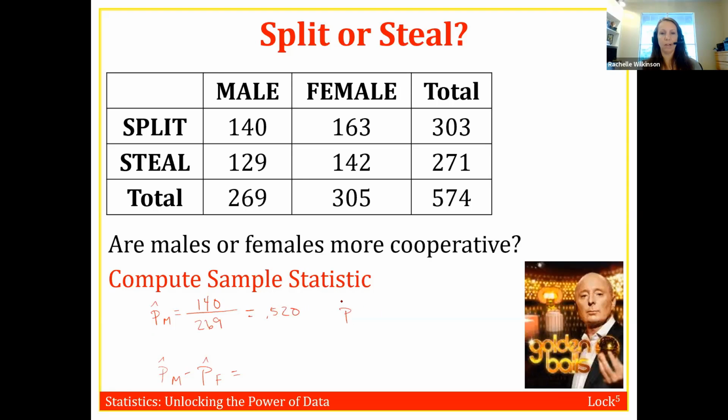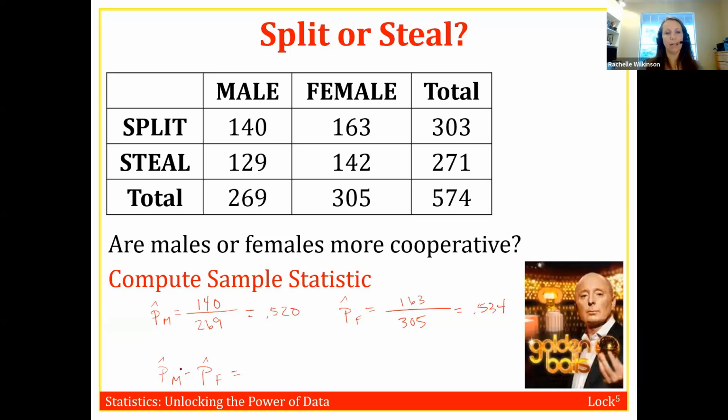All right, then I'm going to figure out P hat F the same way. This time looking at the proportion of females in my sample who would split. So the total for females is 305, and the numerator would be the splitting females, which is 163. So I'm going to have 163 divided by 305, which is 0.534.